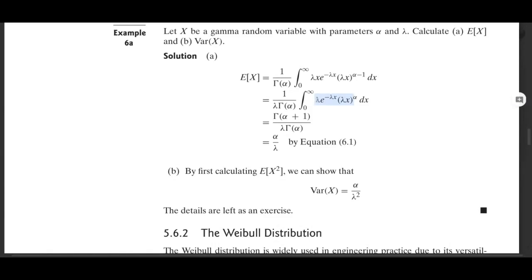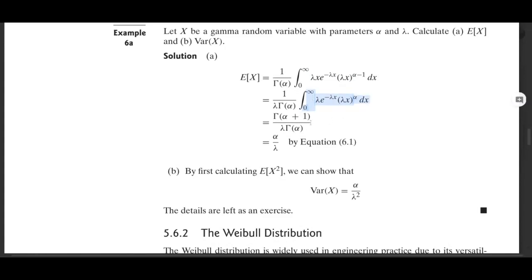Let's multiply and divide by lambda, so we have a 1 over lambda outside. Also we have this x, so lambda x to the alpha minus 1 becomes lambda x to the alpha now.